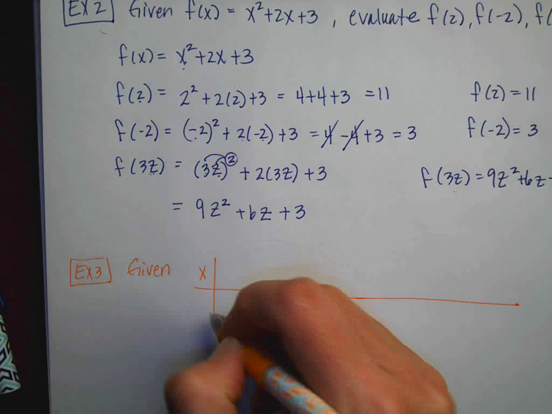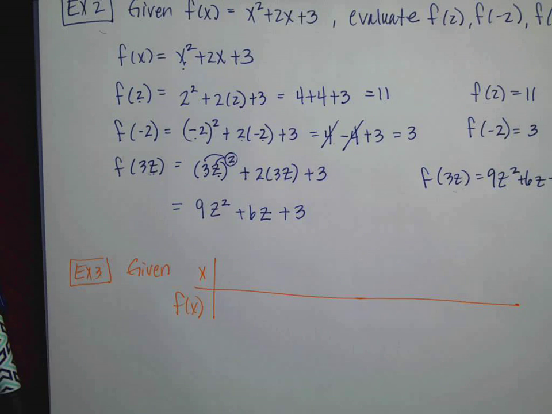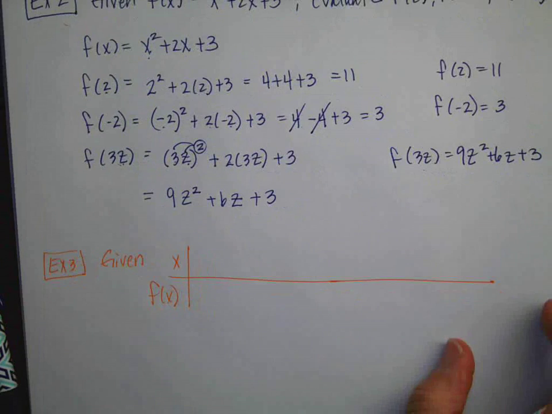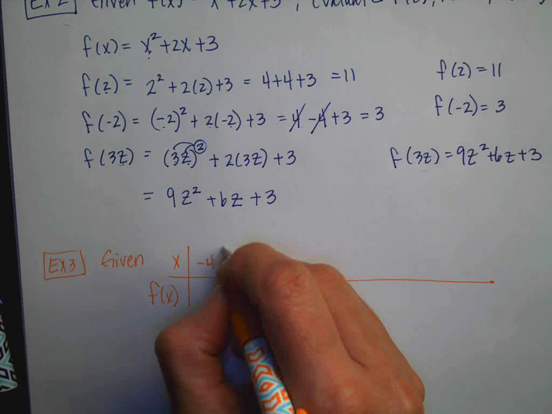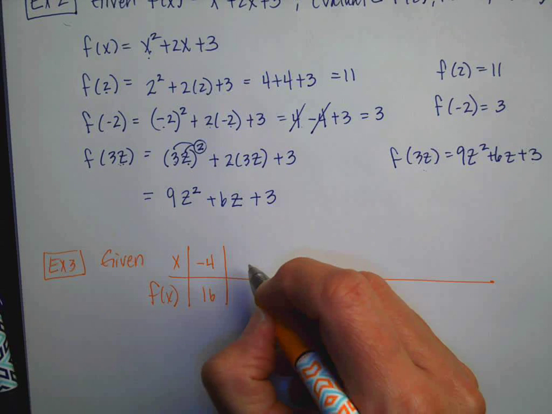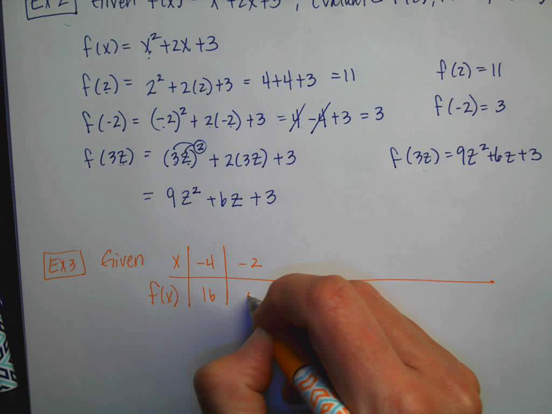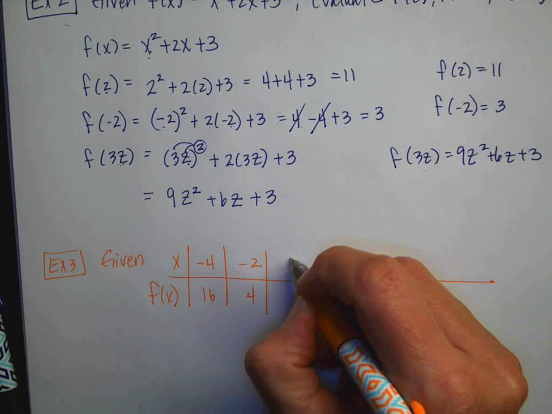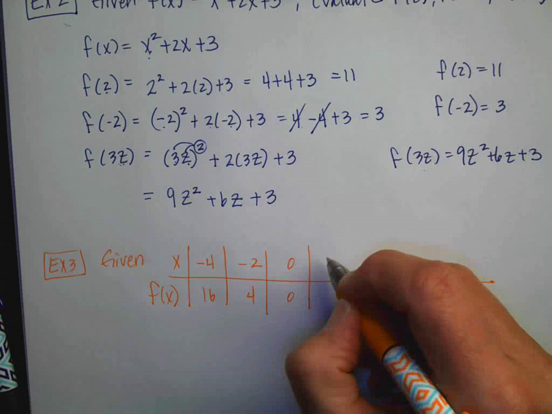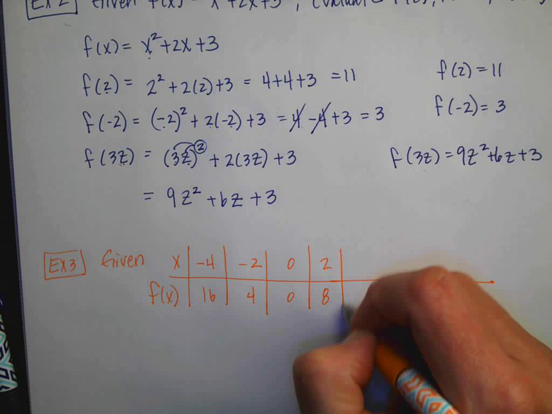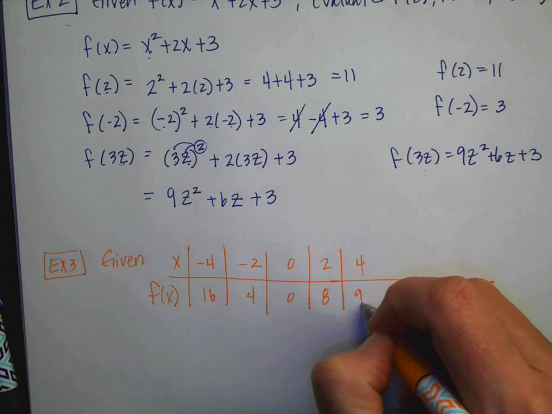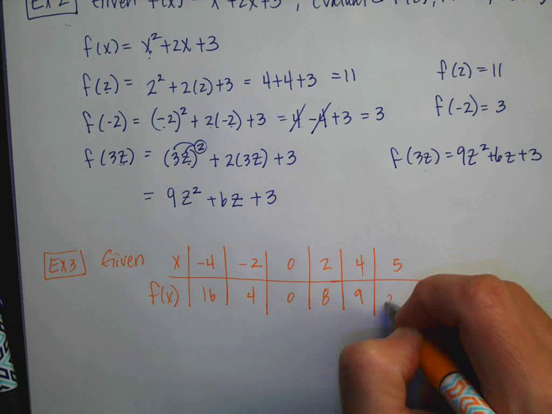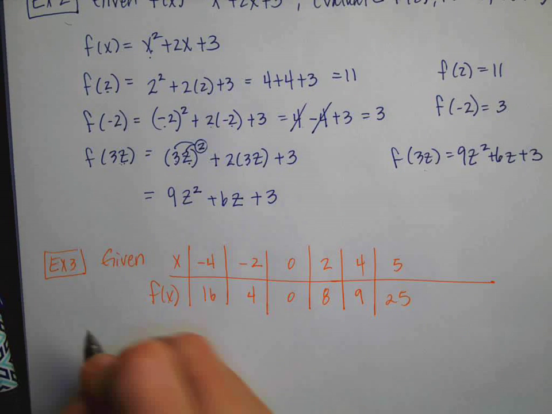So here's our x, and again, I always do mine sideways just because it takes up less room on the paper. Here's my f of x. I'm going to have a negative 4 and 16. I'm going to have a negative 2 and 4, 0, which is nice and easy to write, 2 and 8, 4 and 9, 5 and 25.